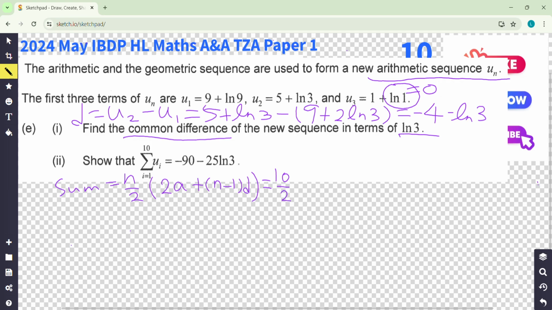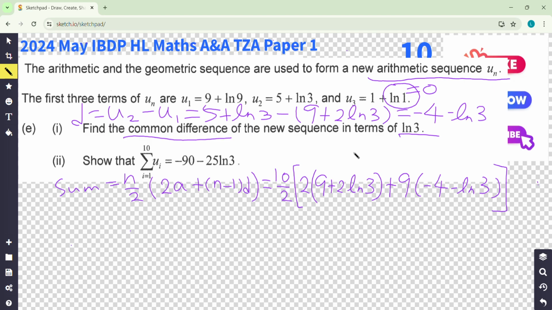So 10 over 2. The first term, not 9, remember, make it 2 log 3. Plus n minus 1, 10 minus 1 is 9, and then minus 4 minus log 3, because this is a sum question. Do it slowly to get all the marks, okay?